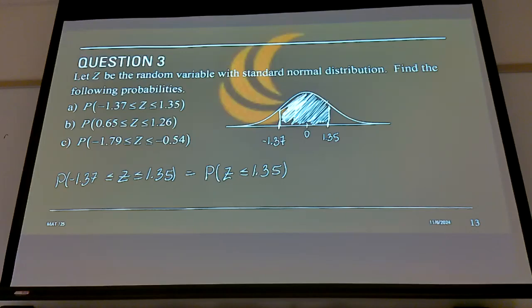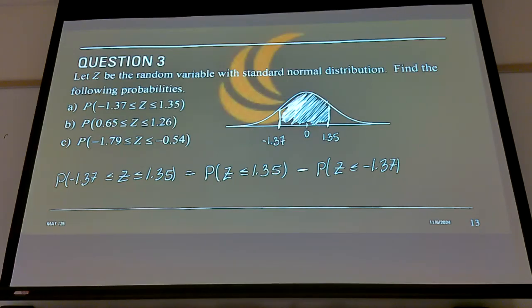That probability gives us everything to the left of 1.35, right? And that probability would be everything to the left of negative 1.37. Our desired area would just be their difference.